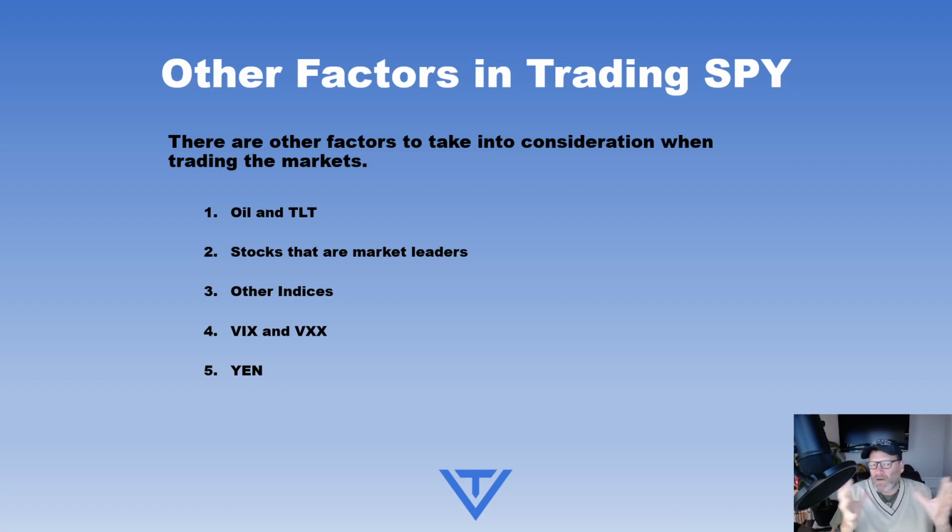Now, you've got to be careful. Sometimes it's not an exact science. Sometimes you're going to have those market leaders come back in line with the market because of market strength. But really what helps you is when you're looking at the breadth, right? Is the breadth weak? Is it just these few big companies that are driving the market? Apple is one of those big companies.